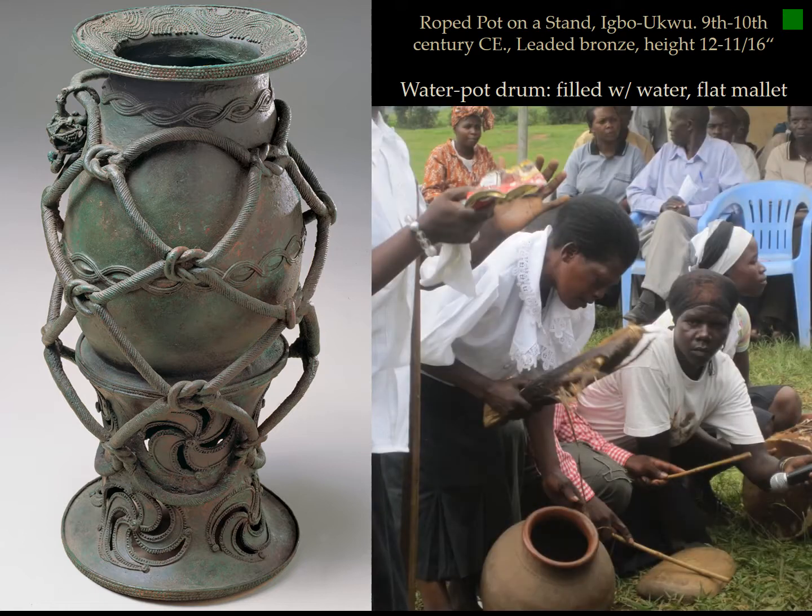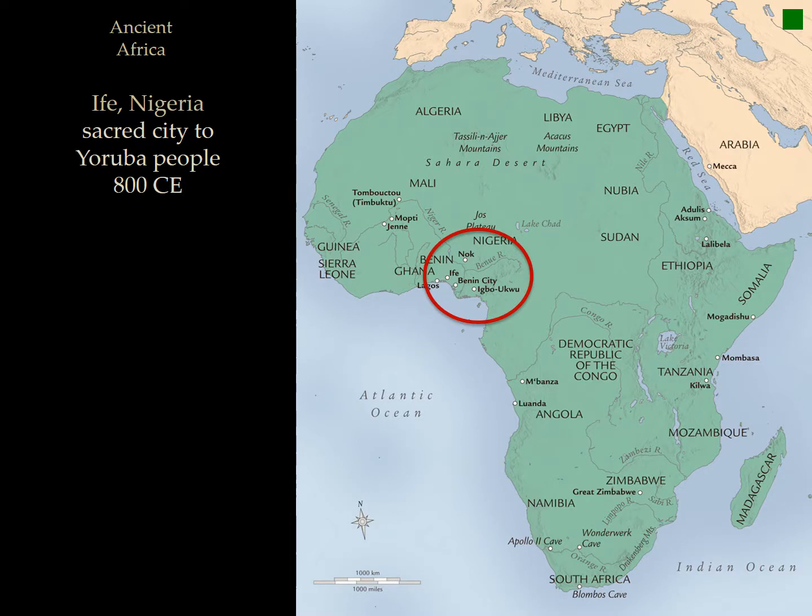Here are examples of those made of clay and other instruments that are still in use today in Nigeria and the surrounding areas. Turning to the city of Ife, Nigeria, directly to the west, we have a city that is sacred to the Yoruba people, and these are going to thrive around 800 Common Era.